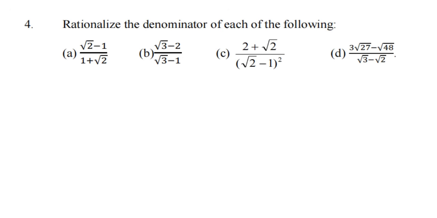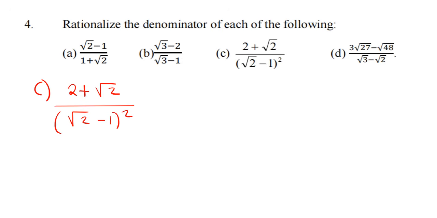So for C, we have 2 plus root 2 over the square root of 2 minus 1, then there's a square there. You just have to make sure that you first solve what you have in your denominator.